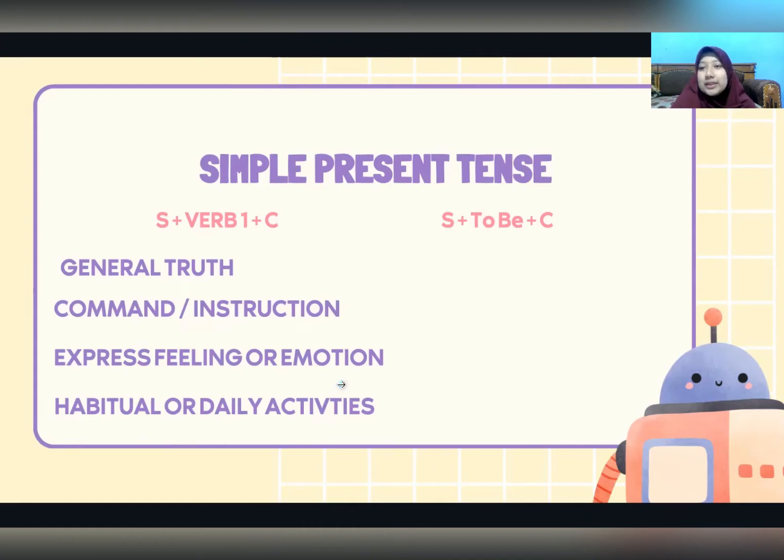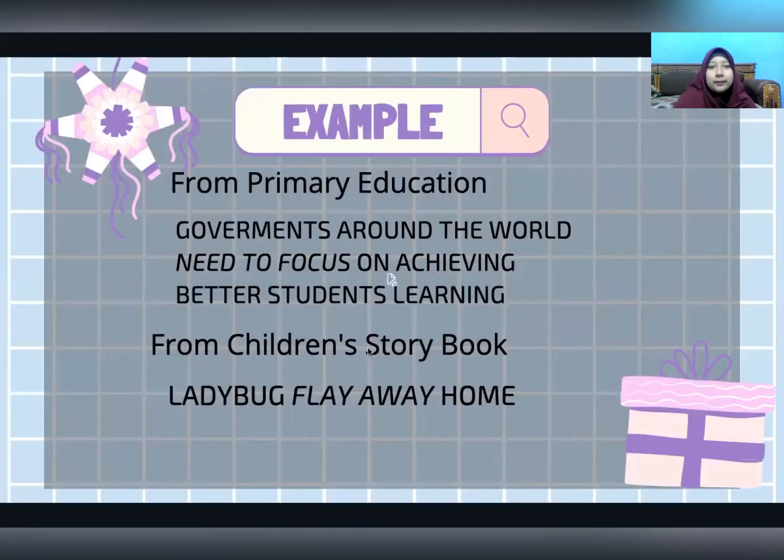From my analysis of the primary education journal, I got an example for the simple present tense: governments around the world need to focus on achieving better student learning. So where is the simple present tense?